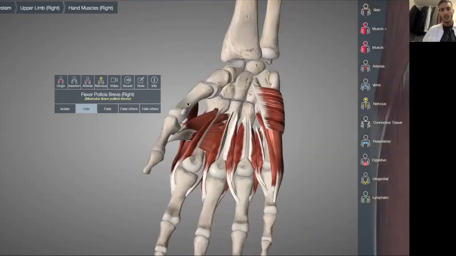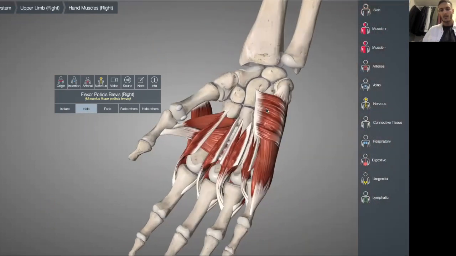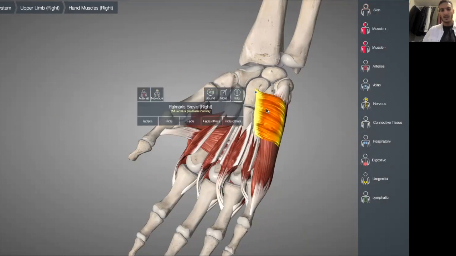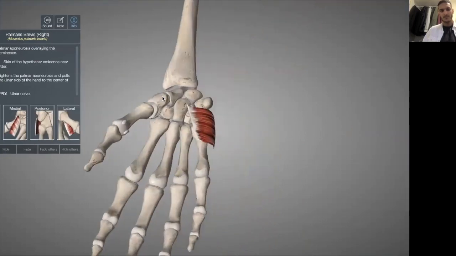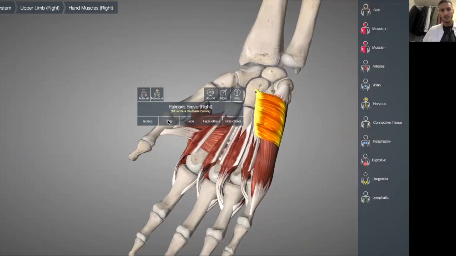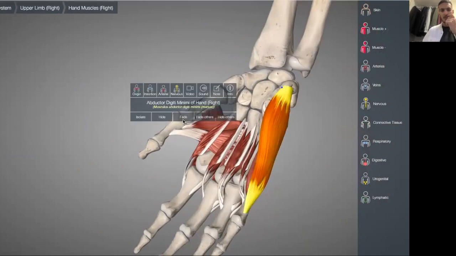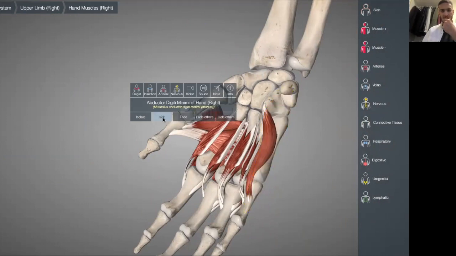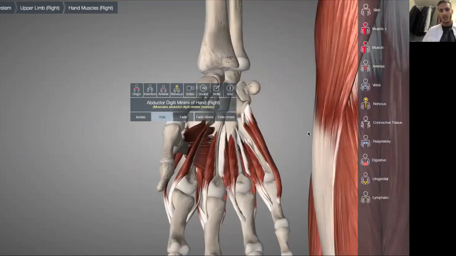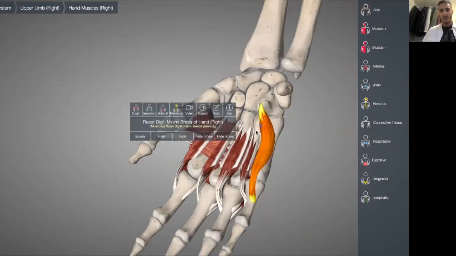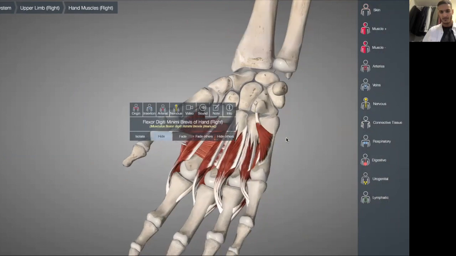Then the other bulge near the digiti minimi, the pinky finger, we have first palmaris brevis. Then we have the abductor digiti minimi of the hand. And finally, flexor digiti minimi brevis of the hand.